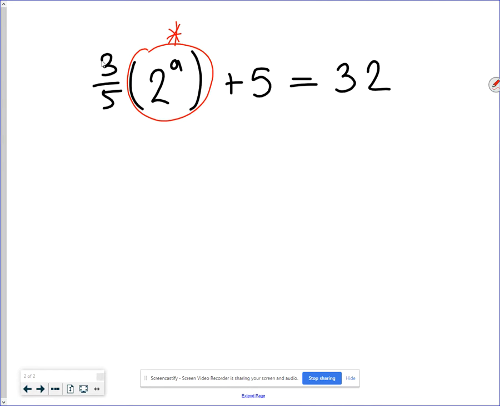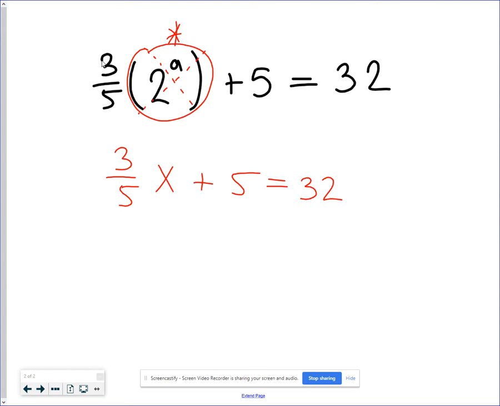So you can think of this as a big giant X. It's like having the equation 3/5 times X plus 5 is equal to 32. If you want to get the power by itself, you would have to get the X by itself. So what would we do to solve this equation?